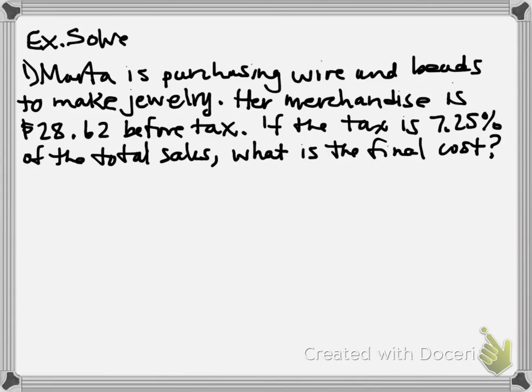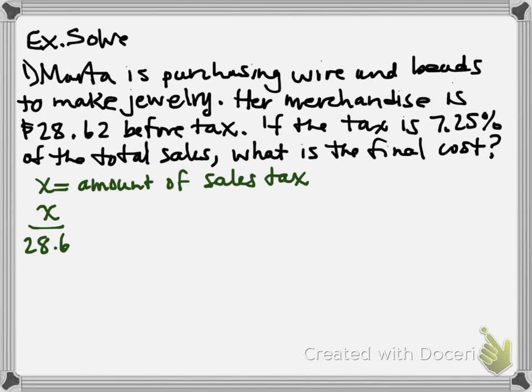So we could set it up like this: the amount of sales tax would be based on, that's the part over what we're being taxed on, the $28.62. That would be equal to the tax rate over 100.